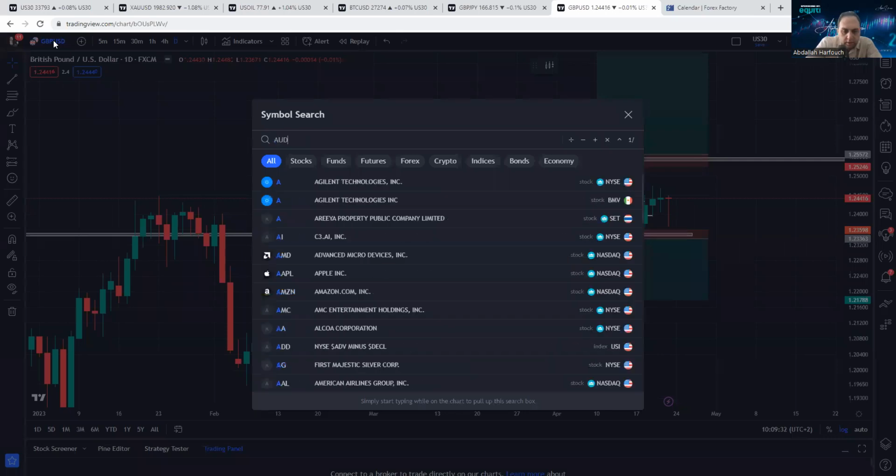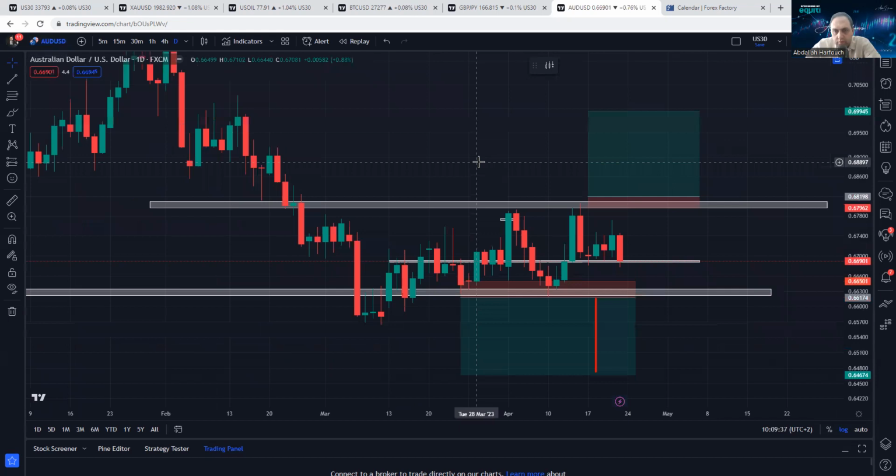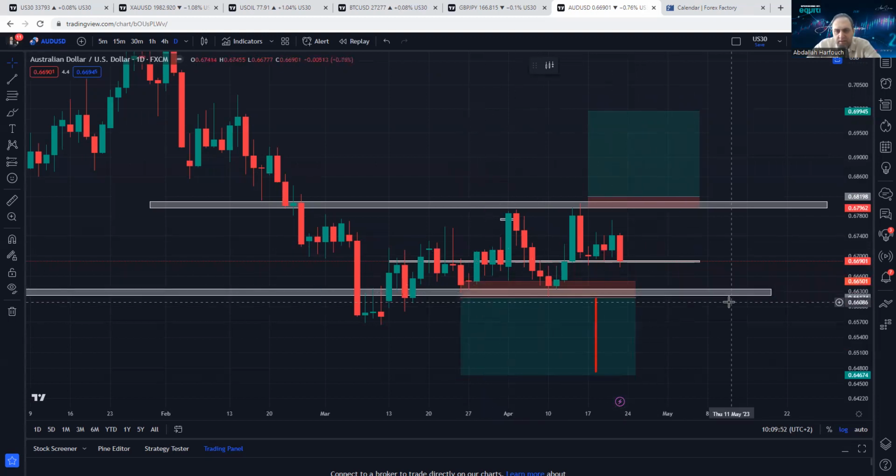Okay, so AUD USD also very, very weak. Last week, except the gold and oil, most of the trades weren't really moving. Here also the AUD USD, most of the pairs, it was a very, very low volatility week.